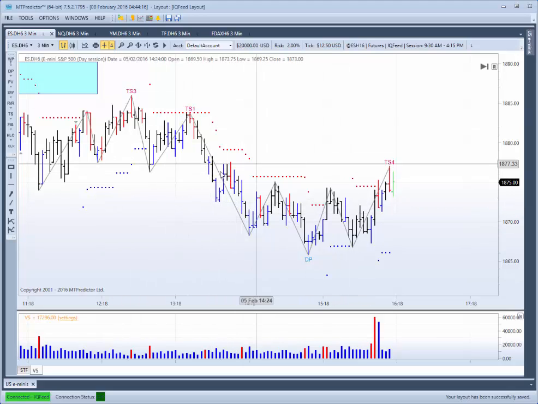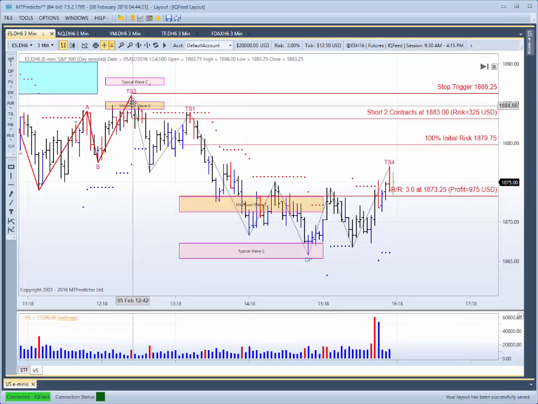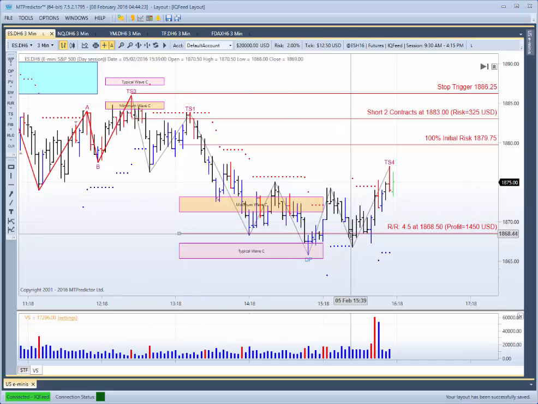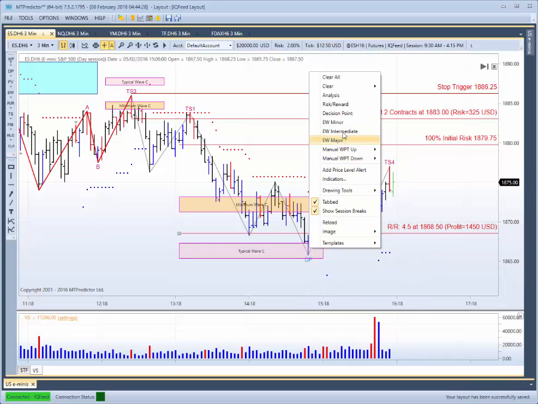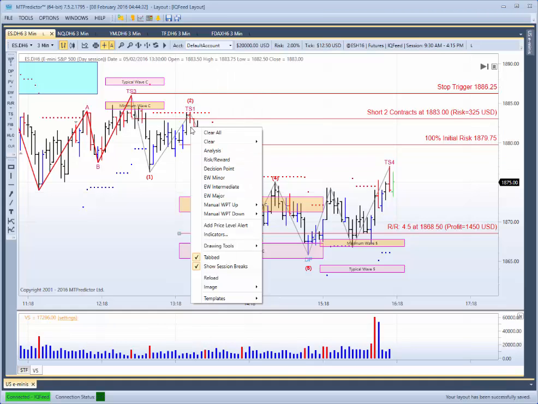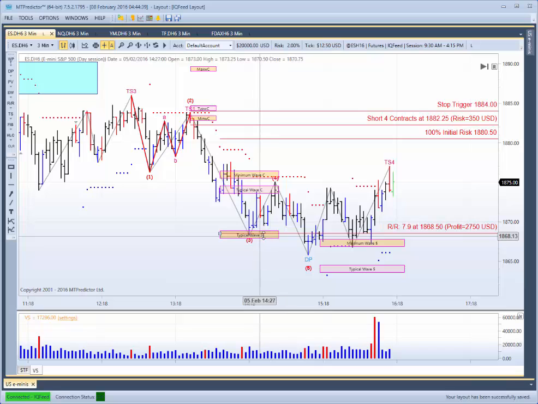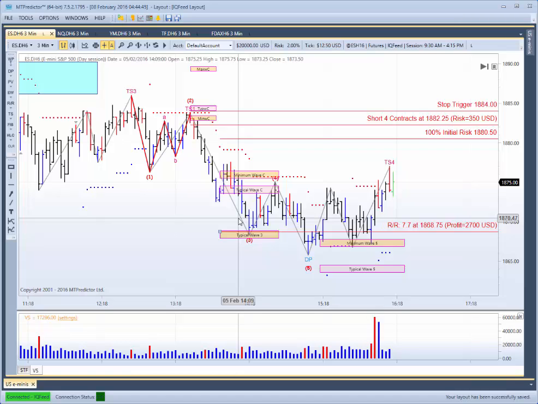Knowing all these things and combining them, not only would you have had a nice TS3 sell setup here for a potential perhaps 4.5R into that wave 5 low down there, but also you could have added, let's put that down, plus 4.5, you could have added another 7.9R, let's call it 7.5R into here as you pyramided on that TS1 sell setup.